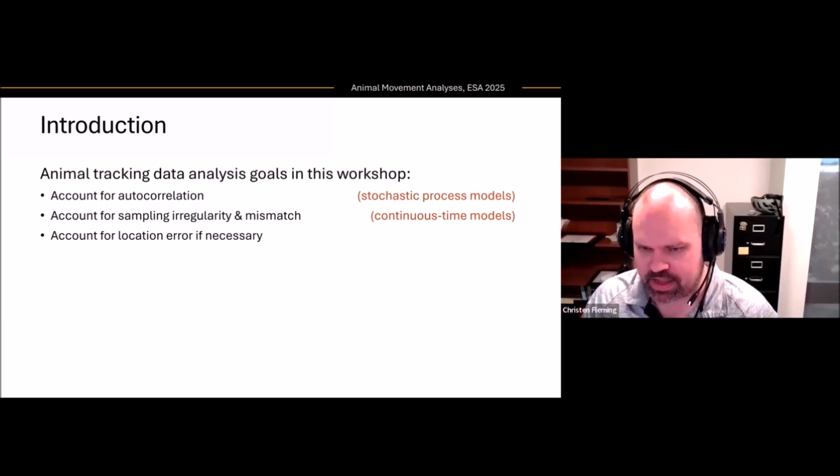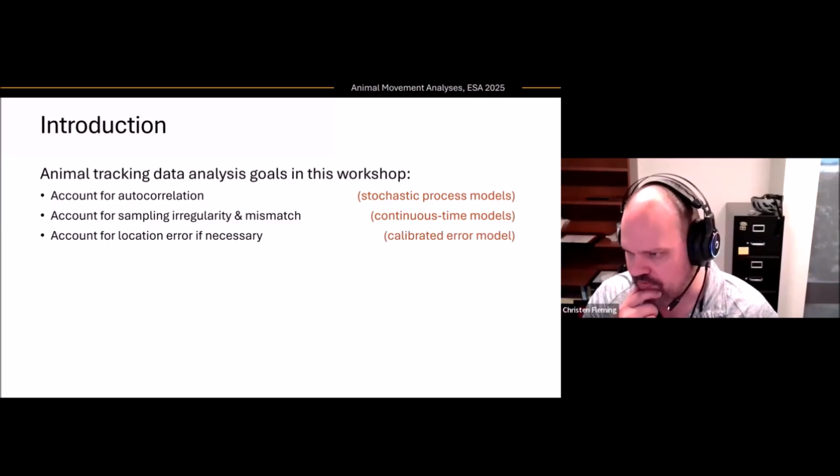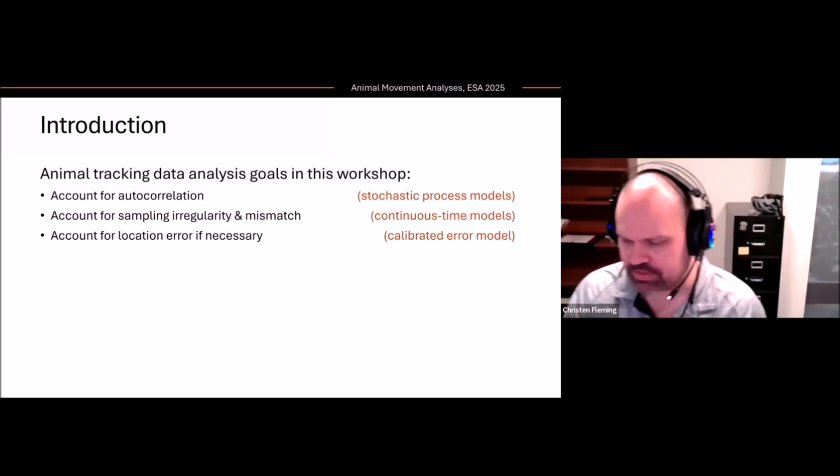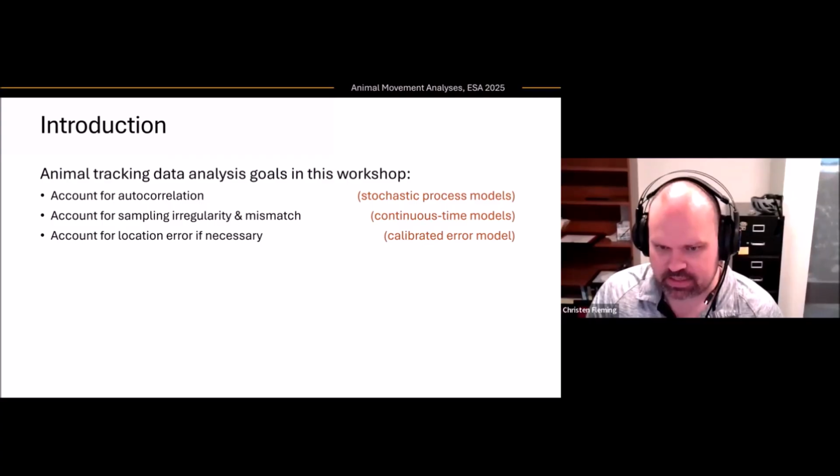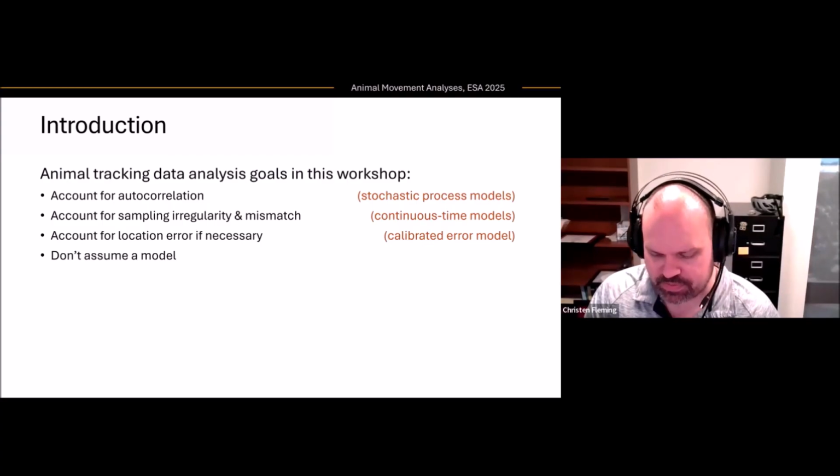And we're going to account for location error if we need to with a location error model, one that we're careful about how we specify those parameters, where we get that data. And we're not going to assume a particular model.